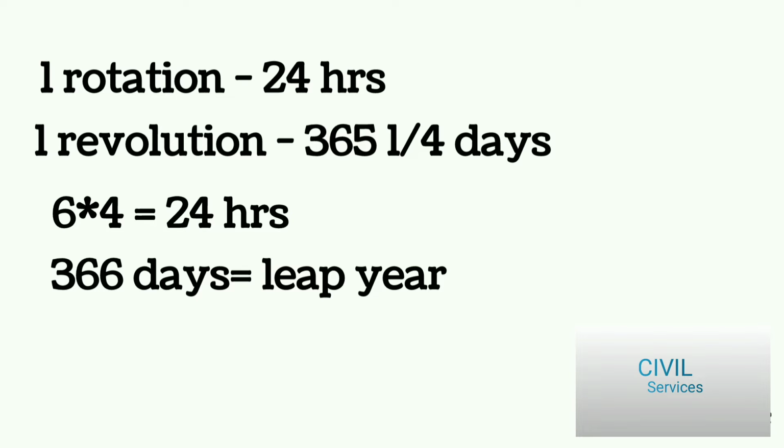These 6 hours every year add up over a span of 4 years, making a day which is further added to the month of February. So every 4 years, we have 366 days, and this 366-day year is considered a leap year.